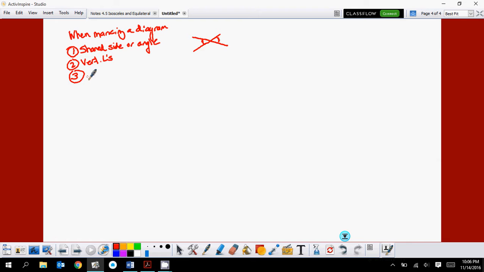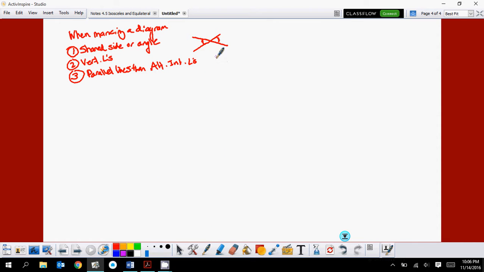The third thing, if you have parallel lines, then you can mark your alternate interior angles. It looks like most people have gotten that one down.